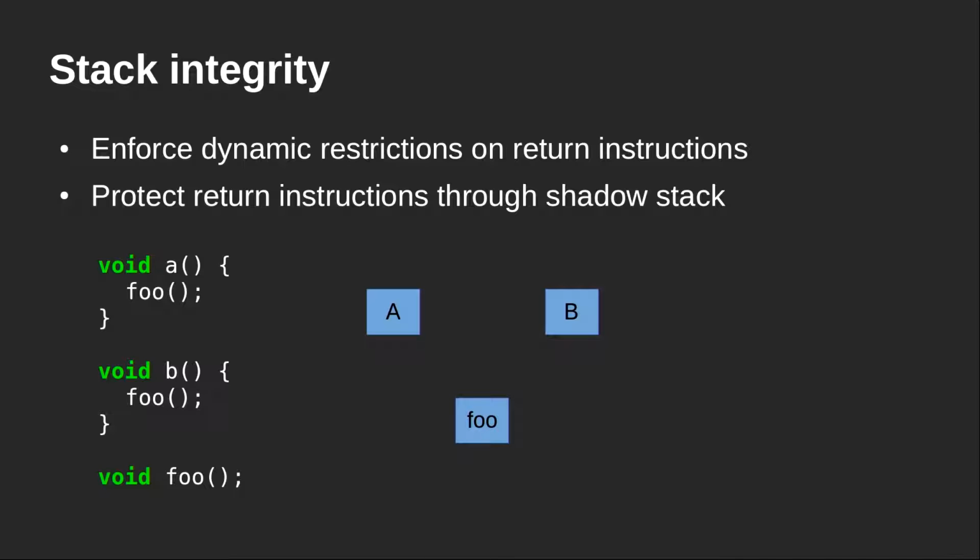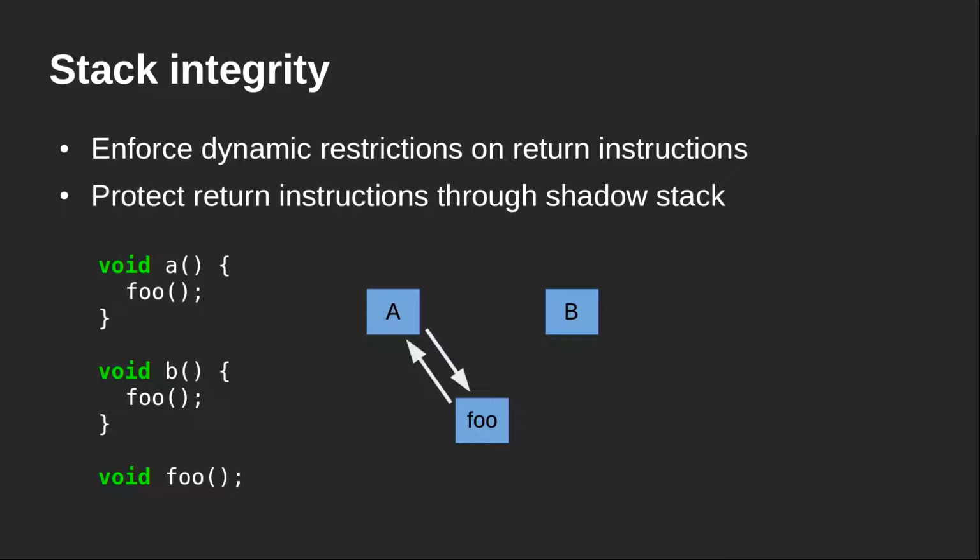On the hardware level, as we are executing function foo, we can return to any byte that is mapped as executable in the image of the executing process. But with stack integrity, we can enforce that if function A is calling foo, we will return only to function A as soon as we return from function foo.